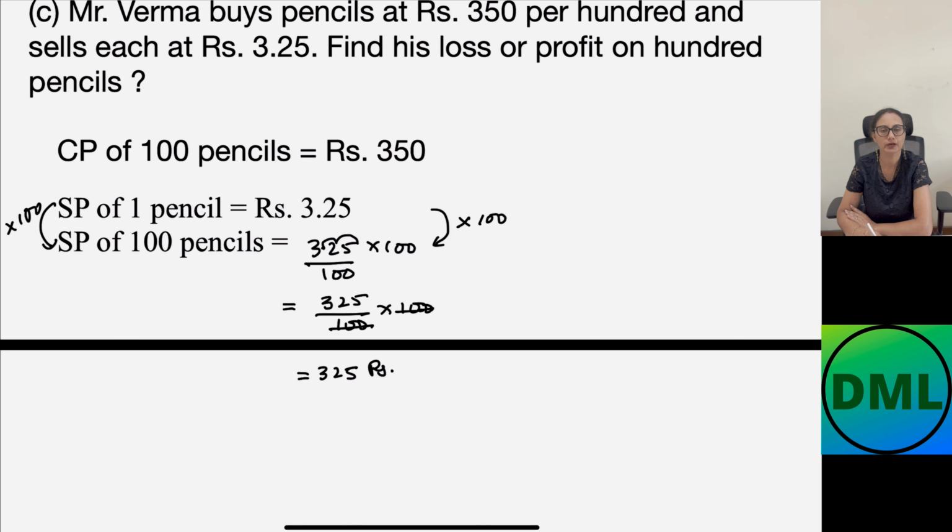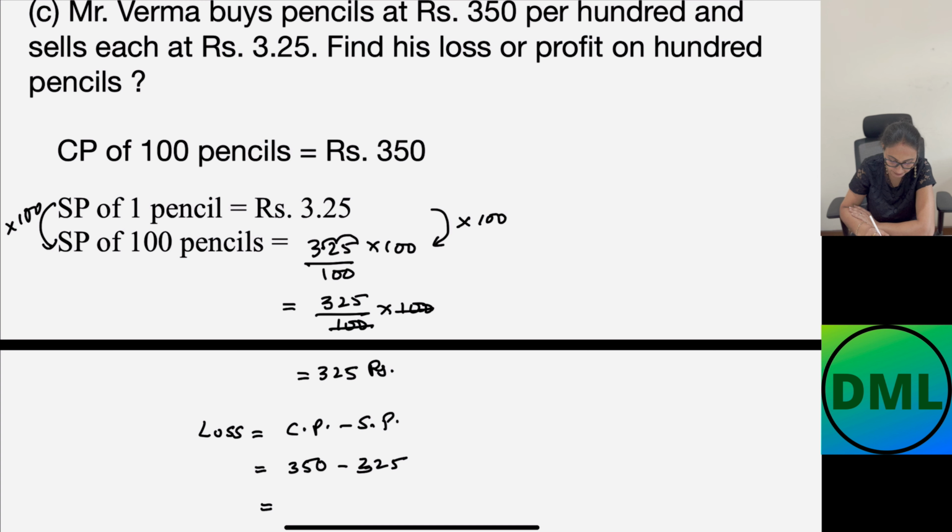You have a loss because your cost price is more than the selling price. Loss is given by cost price minus selling price. Cost price 350 minus selling price 325. If you subtract it, your answer will be 25 rupees. You have a loss of 25 rupees.